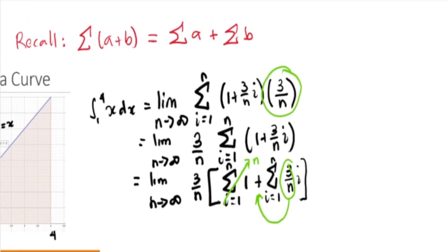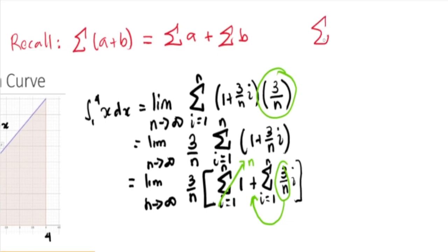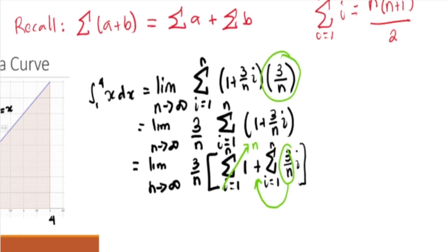Then, as in the previous video, we have this one, which we have encountered before. Okay, so let us proceed. The limit as n approaches infinity of 3 over n.